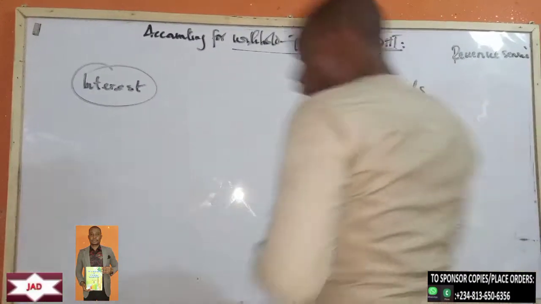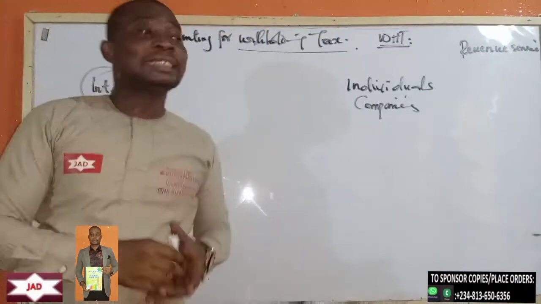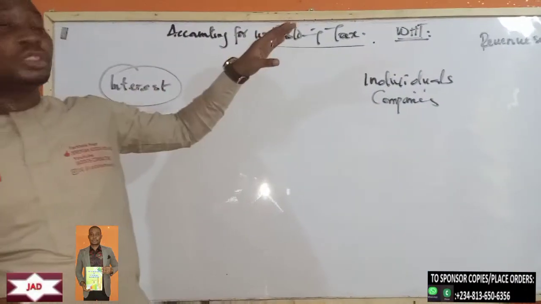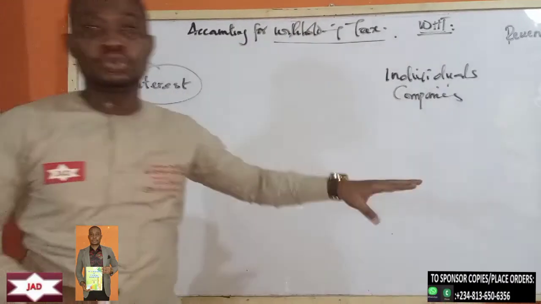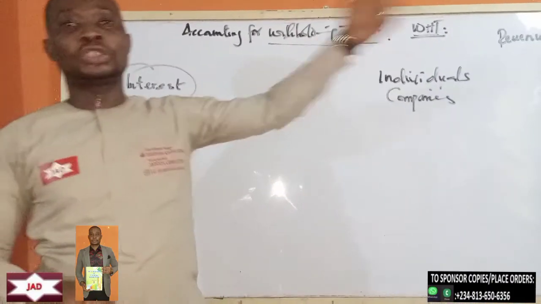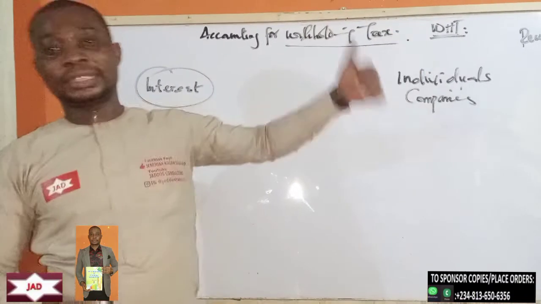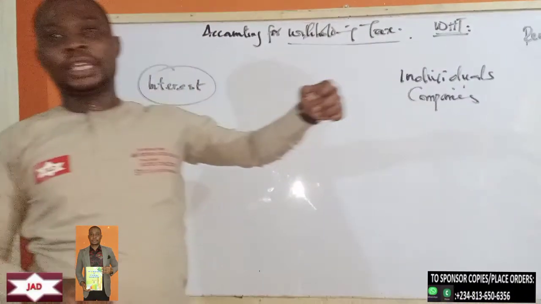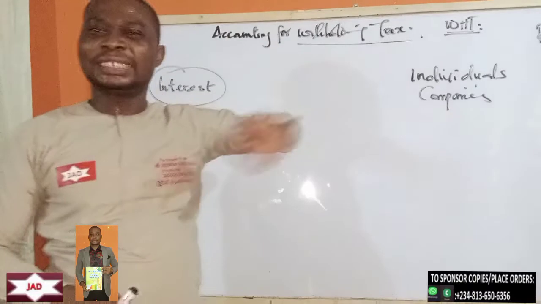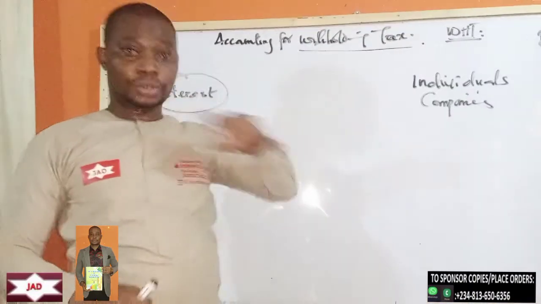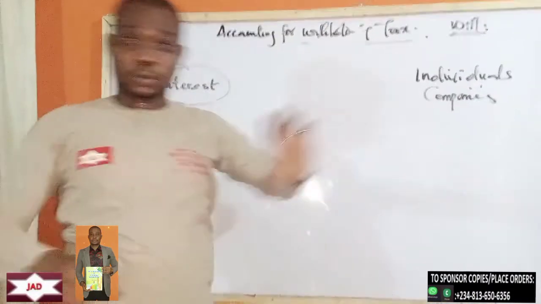Now, what it means is that in the remittance, the bank usually gives a schedule of the person that has suffered that tax and the amount on which the tax is applied, and the references required to back up that deduction, and the person's name as well will be in that schedule.